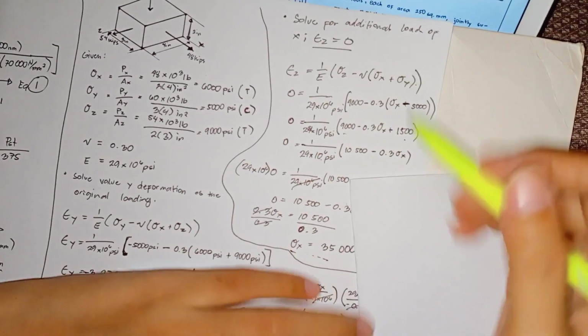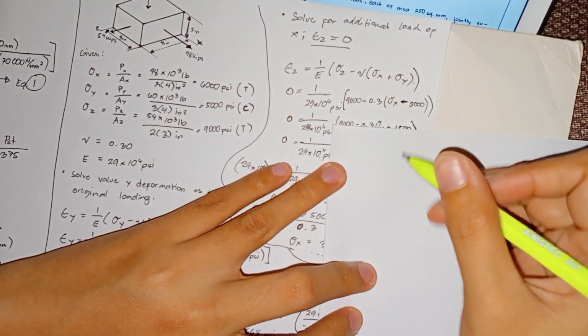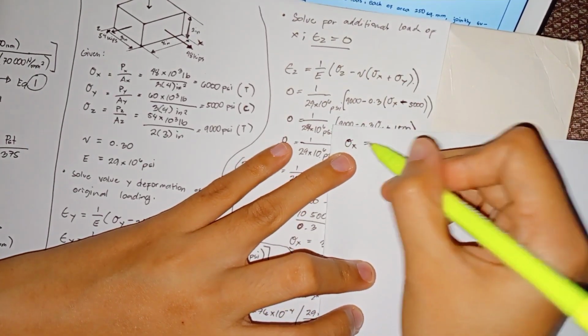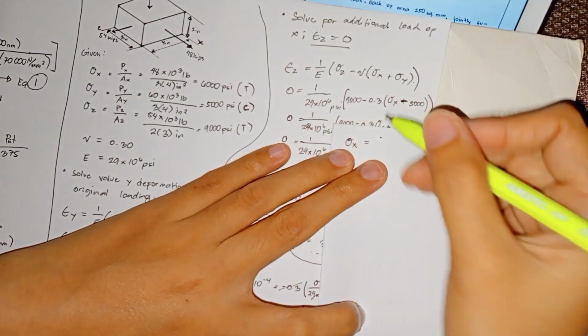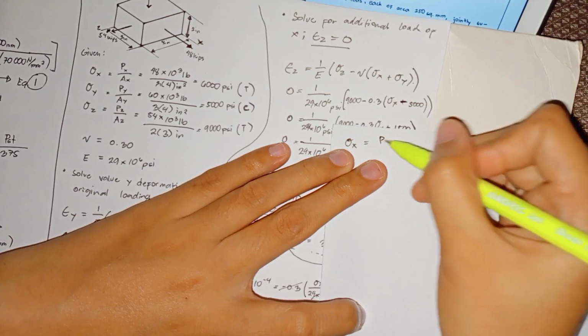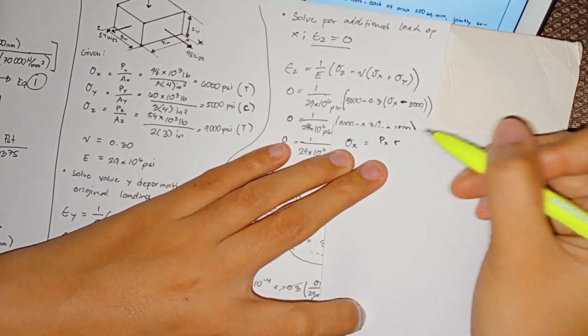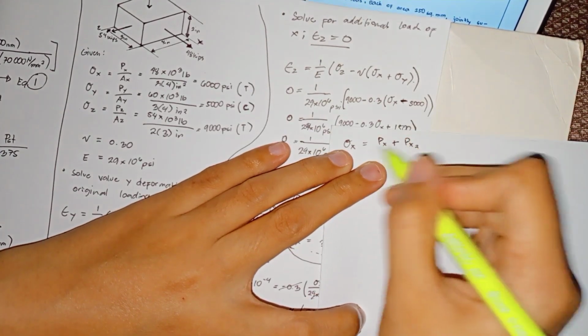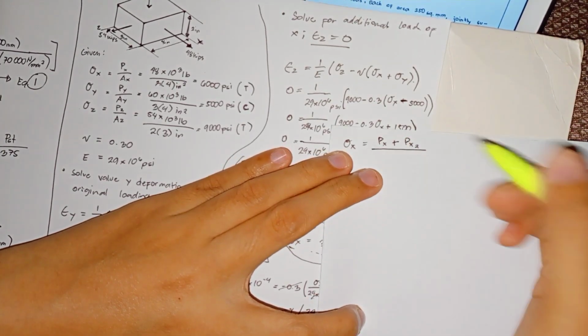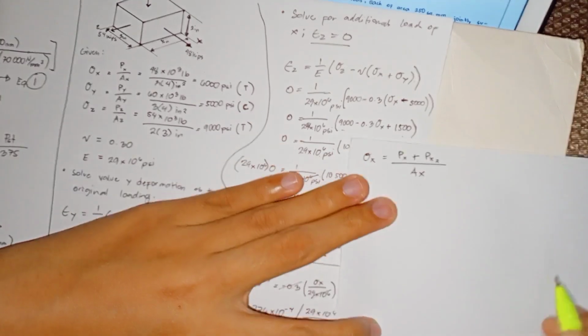So, gagamitin natin yung formula ng stress, which is, stress of x is equal to yung normal na stress na force natin, which is yung P of x, plus yung additional na P of x sub 2. So, sub 1 kasi yung kanina, kaya sub 2 na lang natin yung additional, all over A of x.